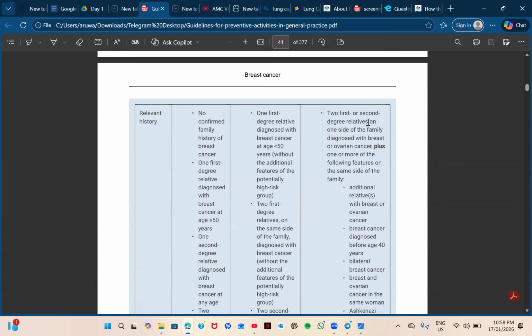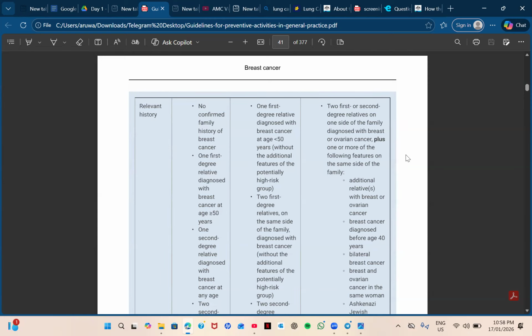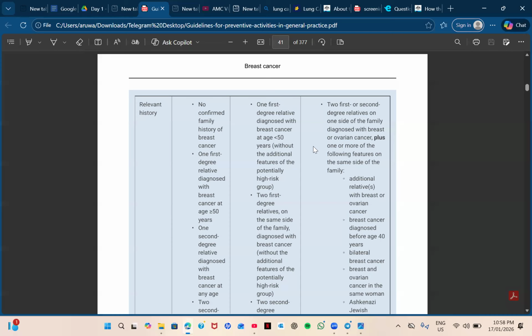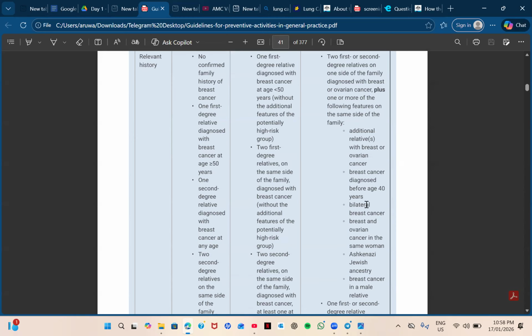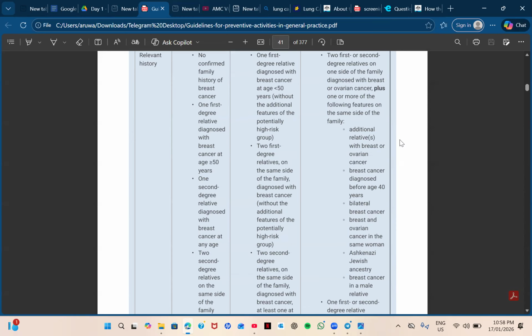Two first or second degree relatives on one side of the family diagnosed with breast or ovarian cancer, plus one or more of the following features on the same side of the family. So what are these other features?